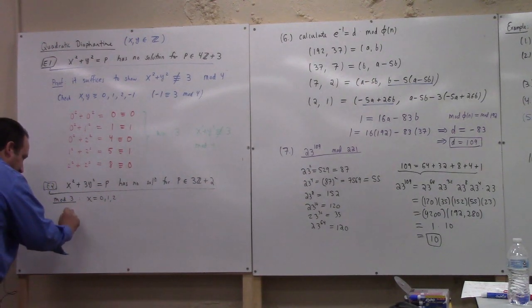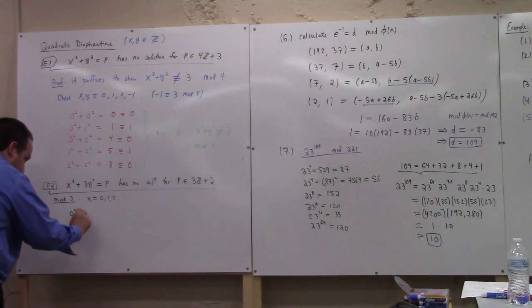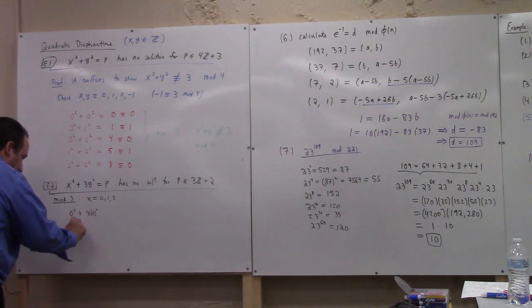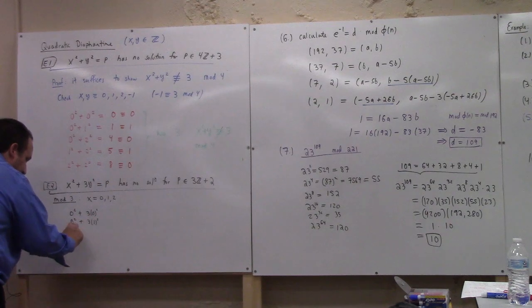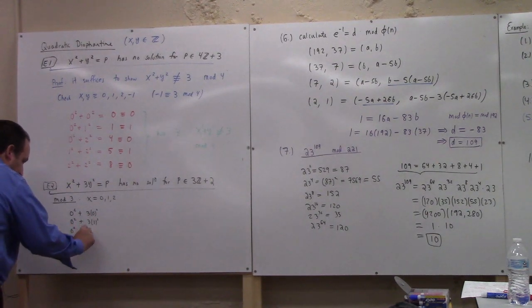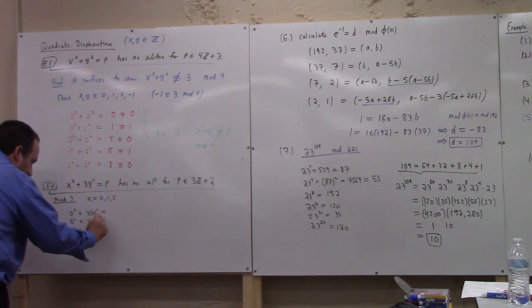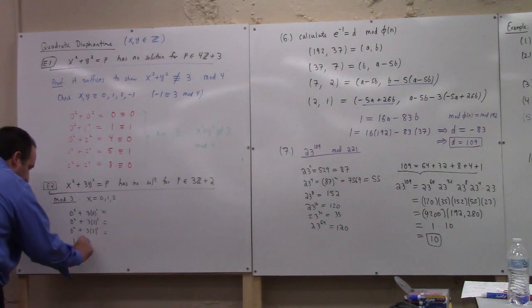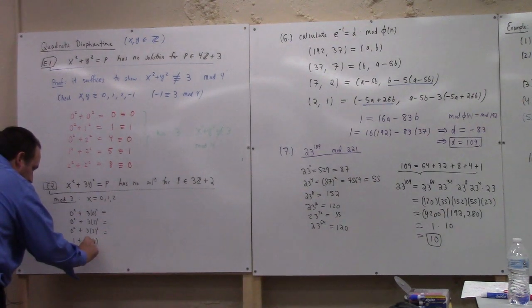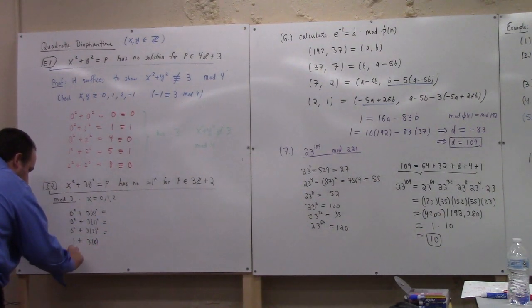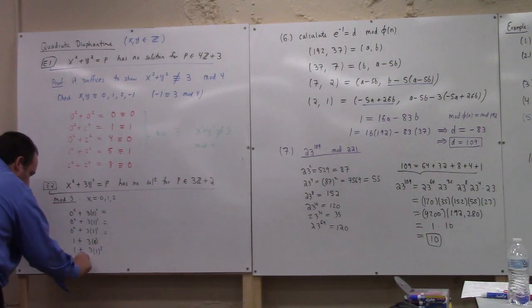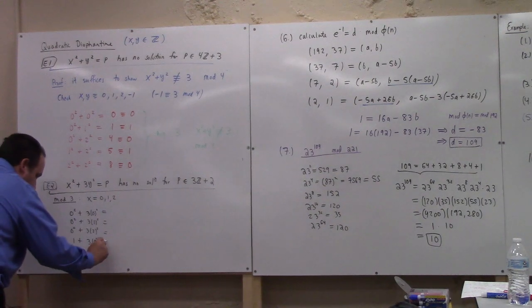So you can look at it: 0 squared plus 3 times 0 squared, 0 squared plus 3 times 1 squared, 0 squared plus 3 times 2 squared. And what else are the possibilities? 1 plus 3 times 0, 1 plus 3 times 1 squared, 1 plus 3 times 2 squared.